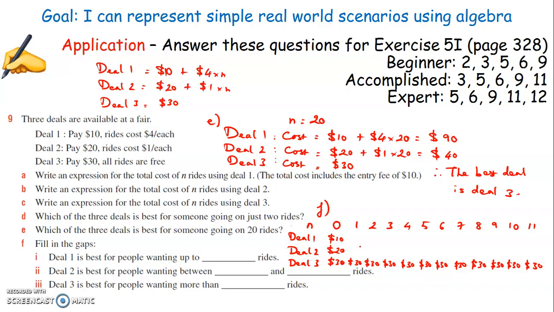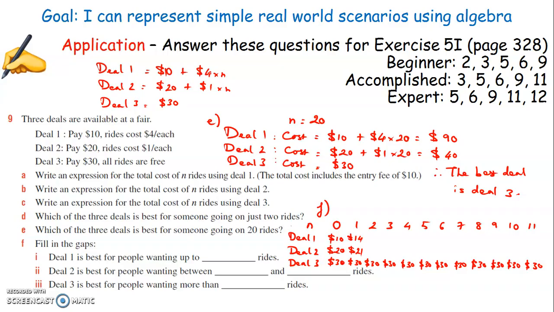If you go on one ride, 4 times 1 is 4, plus 10 is 14. That's for deal number 1. For deal number 2, for one ride, that's $1, so 20 plus $1 is going to give you 21.